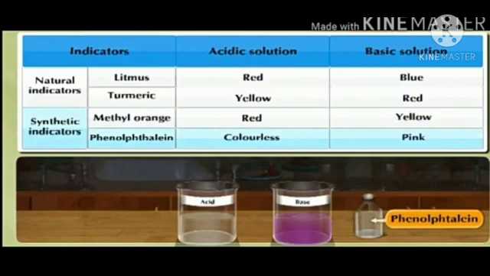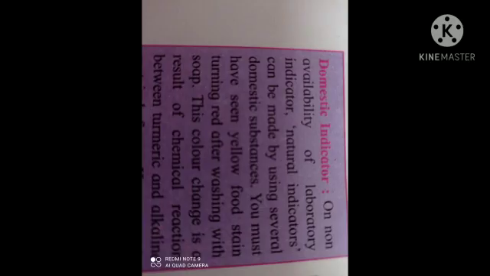In acid, blue litmus paper turns red, and turmeric turns yellow. In base solution, red litmus paper turns blue. Synthetic indicators, methyl orange and phenolphthalein. Red converted into colorless and yellow converted into pink.